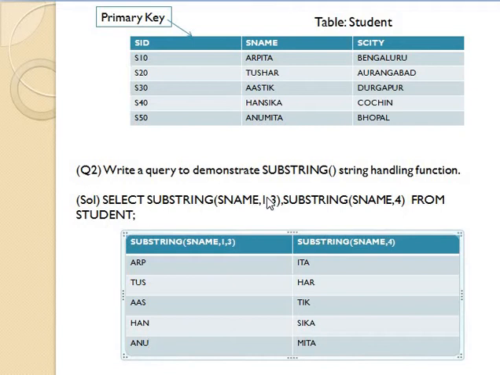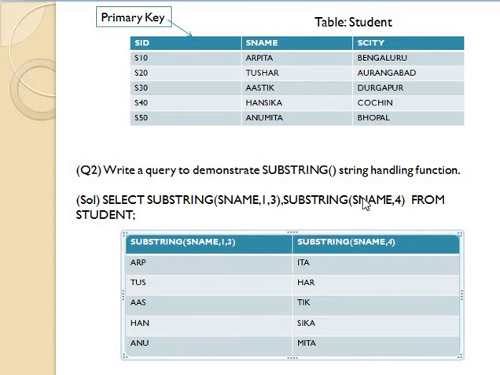Then again come to the query. Just after showing the column substring sname, 1, 3 in the output table, I shall add another column, that is substring sname, 4. This time the starting position will be 4.